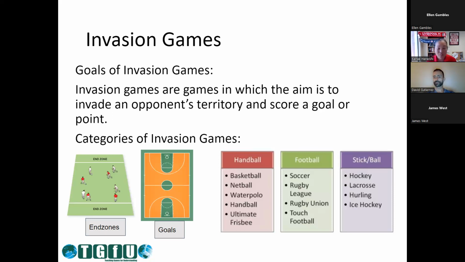Invasion games can be divided into 2 categories, end zone games or goal games, or 3 categories, which include handball, football, and stick and ball games.